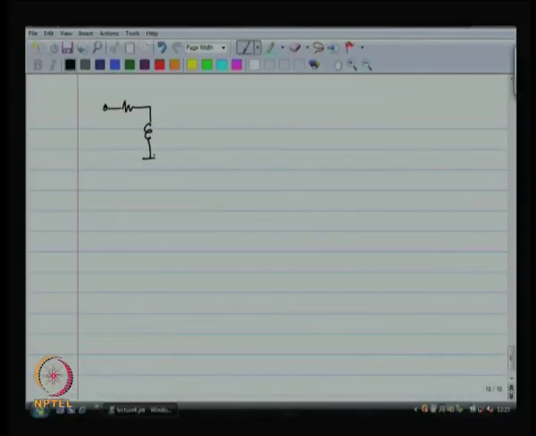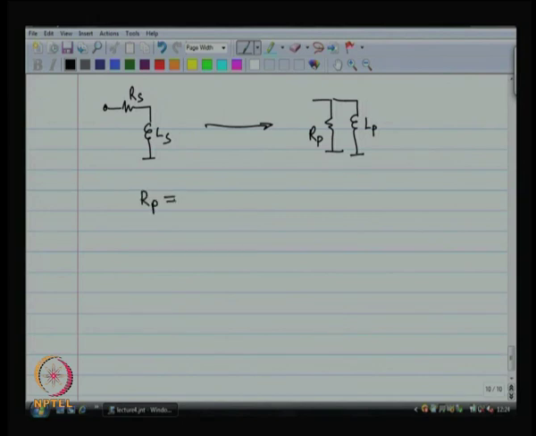So, suppose I have R s and L s and I want to transform it to a parallel network with R p and L p, then I just have to do the precise opposite, which means that R p now has to be much larger than R s and L p has to be more or less the same as L s.